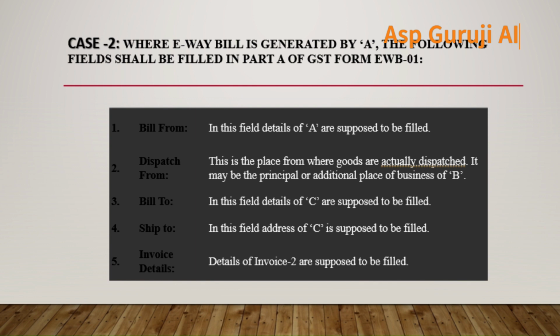It may be the principal or additional place of business of B. 3. Bill to. In this field, details of C are supposed to be filled. 4. Ship to. In this field, address of C is supposed to be filled. 5. Invoice details. Details of Invoice 2 are supposed to be filled.